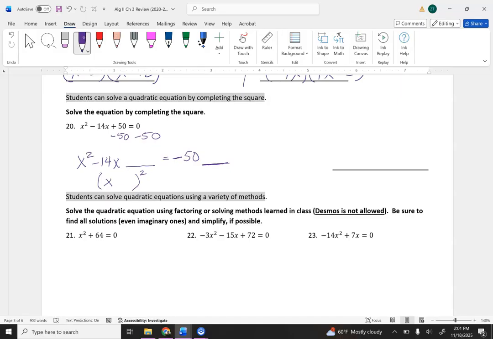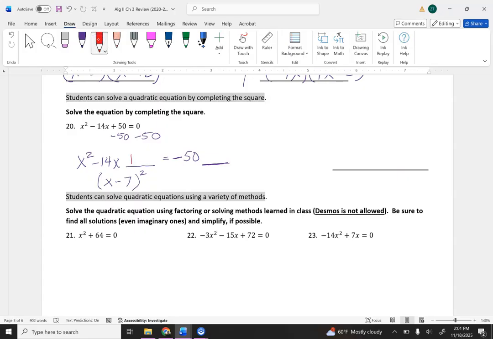So we need to cut b in half. So negative 14 divided by 2 means that the number that's going to come here is going to be a negative 7. Okay, well that's great, but we still need to know what number needs to go here to make that happen. So in order to get this number in the blank, we have to take that negative 7 and square it. We have to do negative 7 times negative 7.